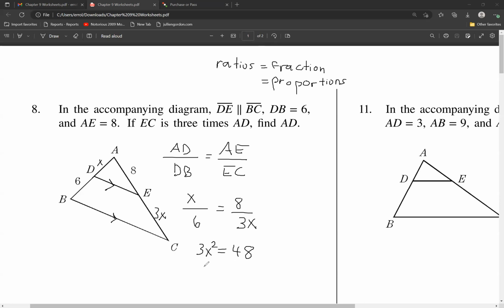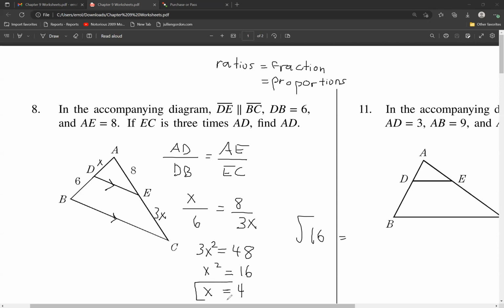Divide by 3. Exactly. x squared equals what? What's 48 divided by 3? 16. Good. So if x squared equals 16, what's x? Not half of 16, but the root of 16. What's the root of 16? 4. There you go. So x equals 4. AD equals 4.